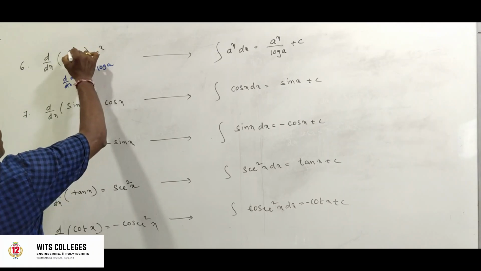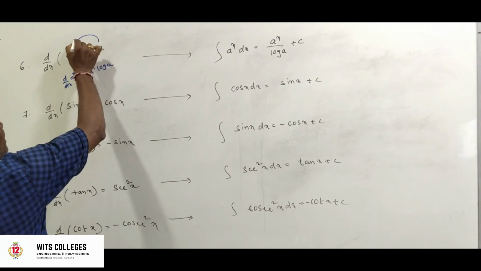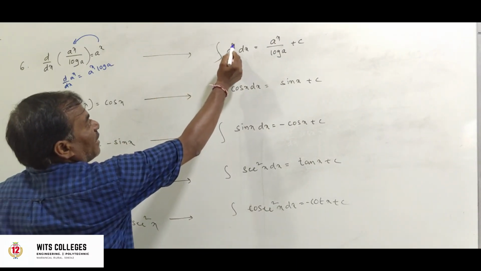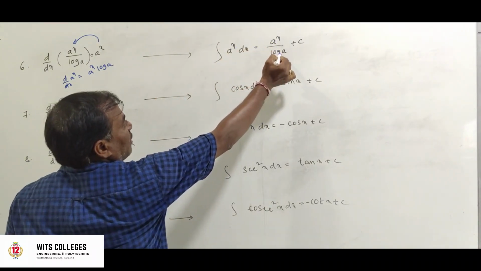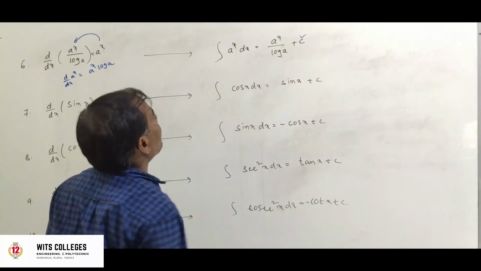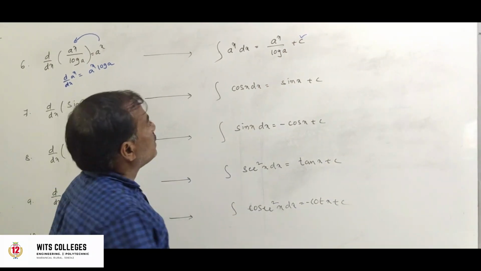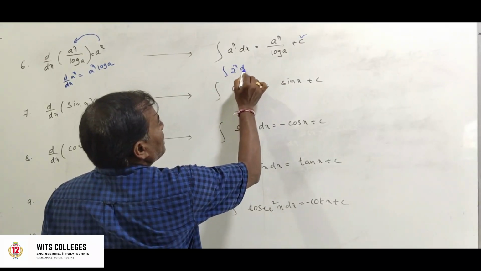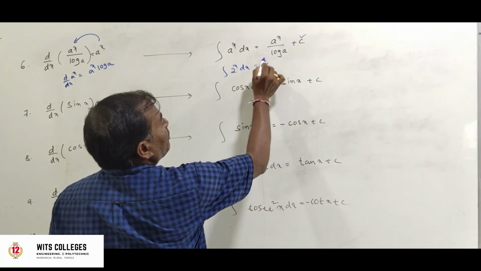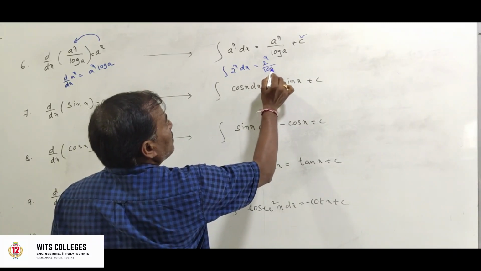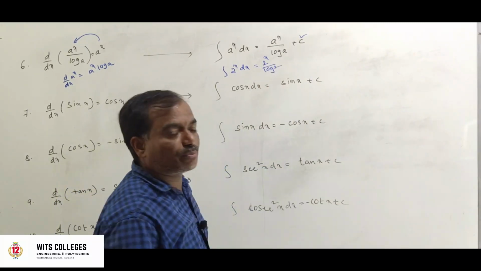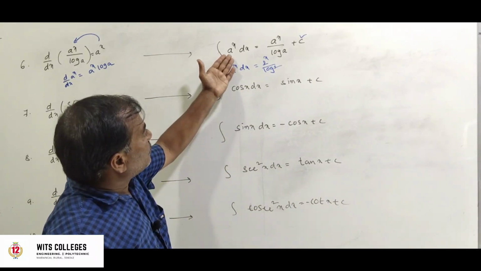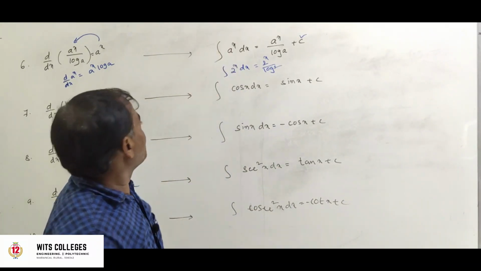Because a power x by log a is the antiderivative of a power x. Therefore the integral of a power x dx equals a power x by log a plus c. For example, the integral of 2 to the power of x dx equals 2 to the power of x by log 2. So this is the process of finding the integral of a power x.